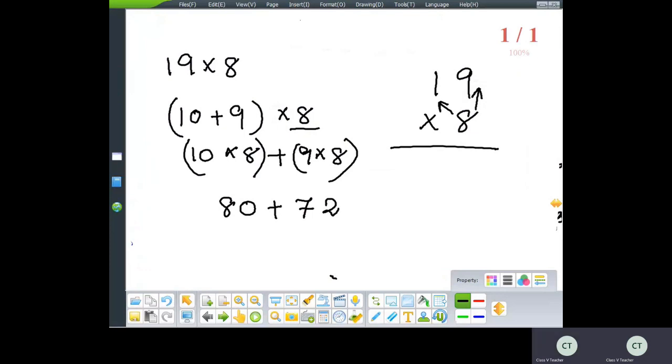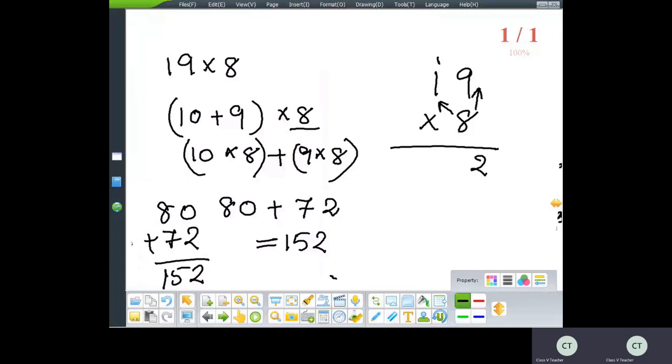So 80 plus 72, how much? Let us do the addition. 80 plus 72 is 152. So let us check it by multiplying. 8 9s are 72, 2, 1 carry over, 8 1s are 8 plus 1, 9.